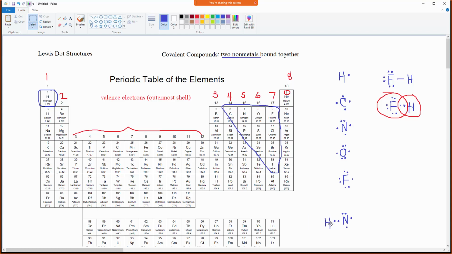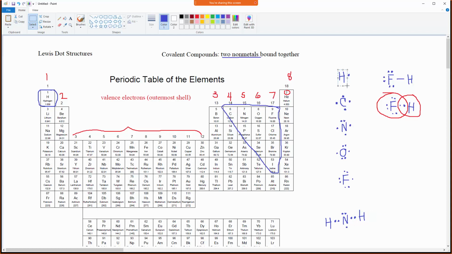So we could put 1 here. Perfect. And we could take another one. Whoops, that's not what I wanted. And we could take another one and put it there. Plus hydrogen for being such a symmetrical element, eh? Okay.